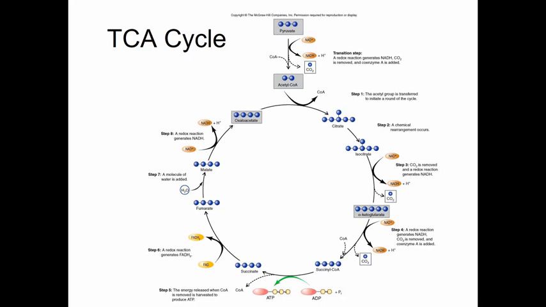It's got to happen how many times for the glucose molecule that we started with? 2. So if we started with 2 acetyl-CoA, how many carbon dioxide are we producing? 1, 2, but we're doing it again. So, 4.